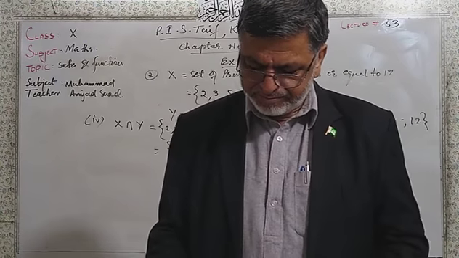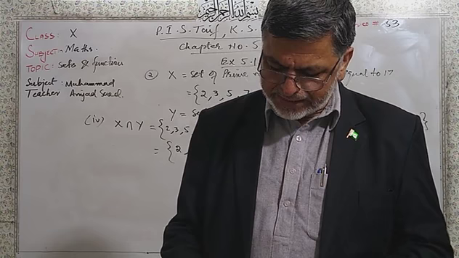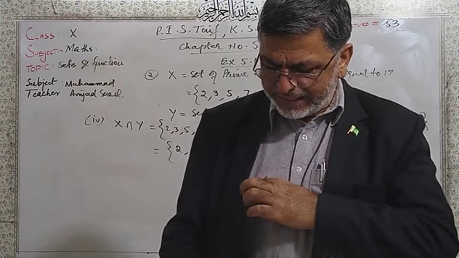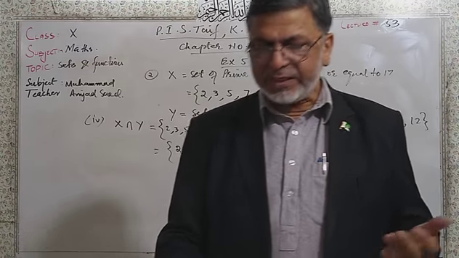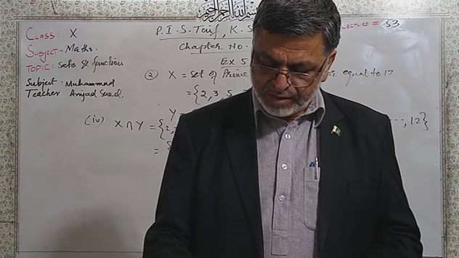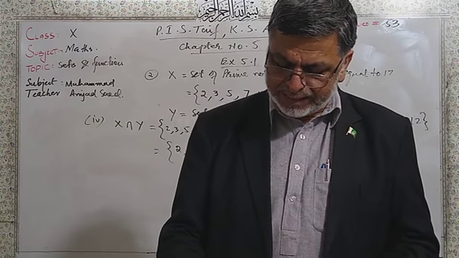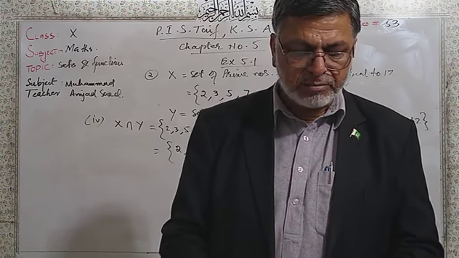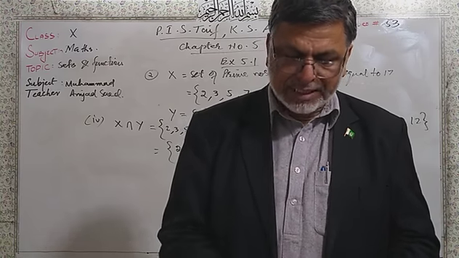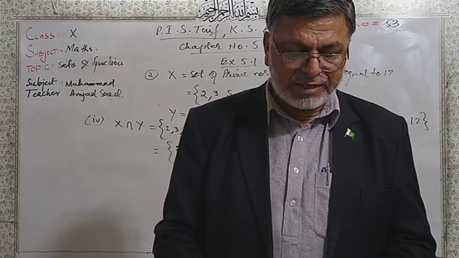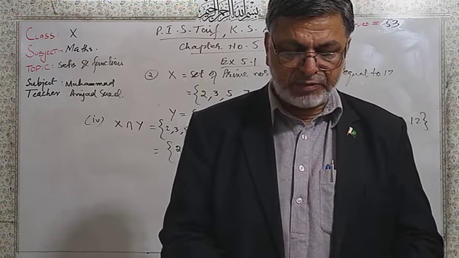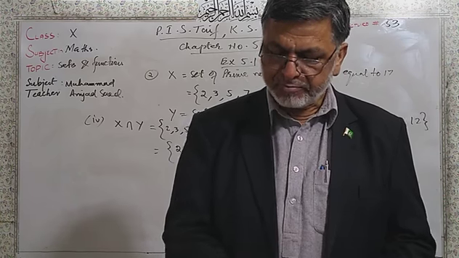After that, you can do question number 3. X is equal to 5, empty set. That is the positive set of integers and T is positive odd numbers. So you can use these sets and solve these parts. After that, question number 4. We have already completed part number 3 of your question number 4.